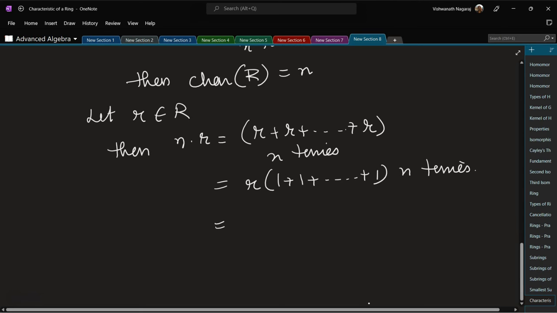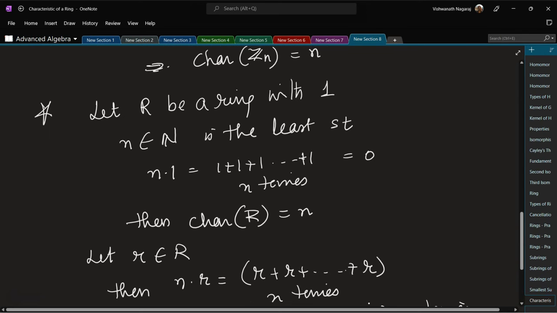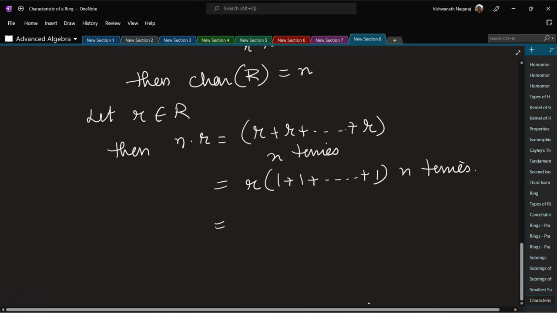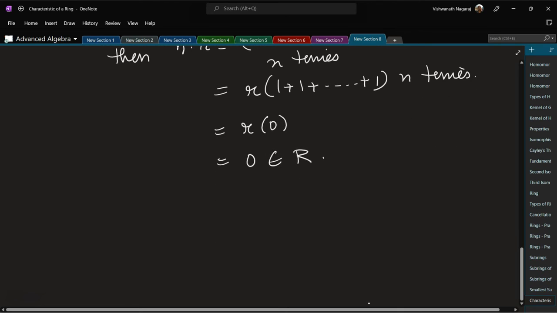But we have already seen that 1 plus 1 plus so on, n times, equals 0. So it means r times 0, which means 0, right? Which belongs to the ring.